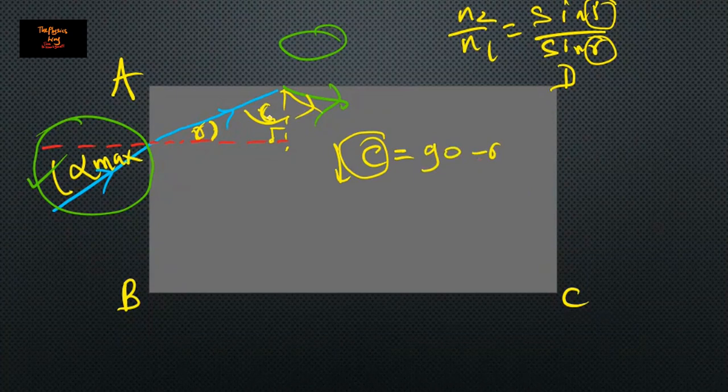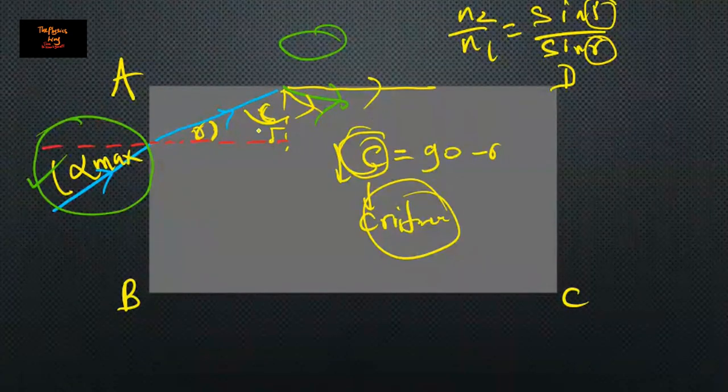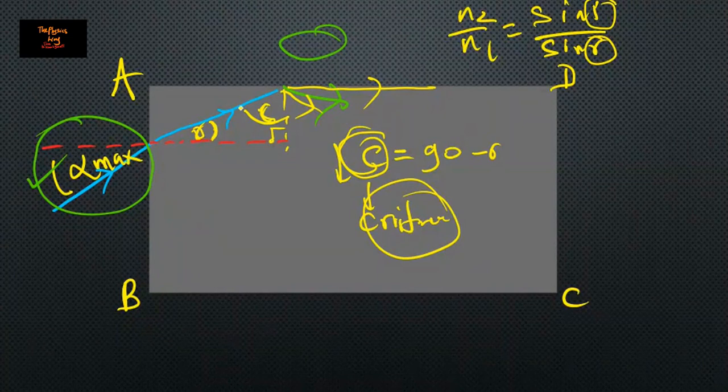If this minimum angle is equal to the critical angle, that means the ray will go along the AD surface. That means for other angles it will always undergo total internal reflection, because this is the critical angle.